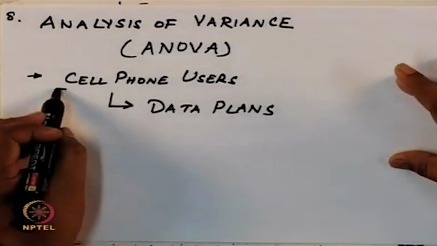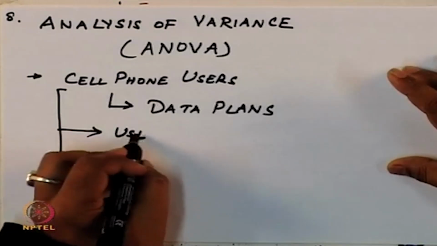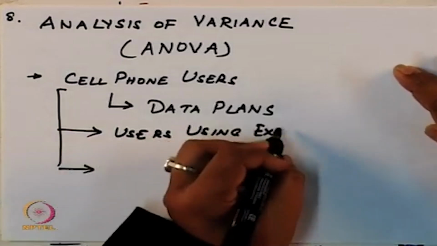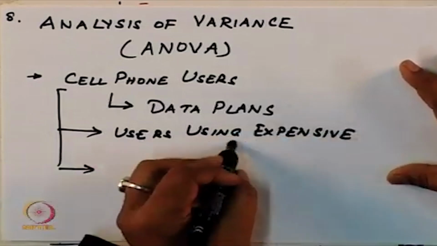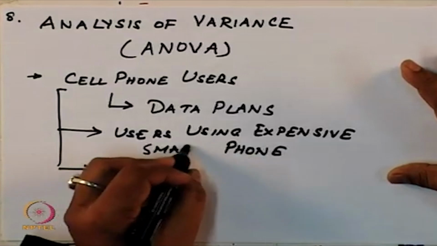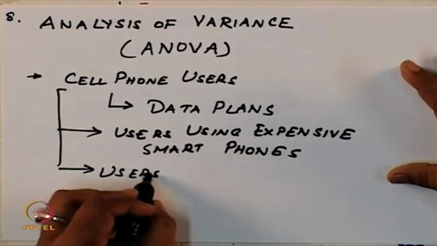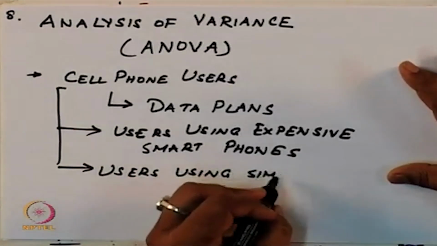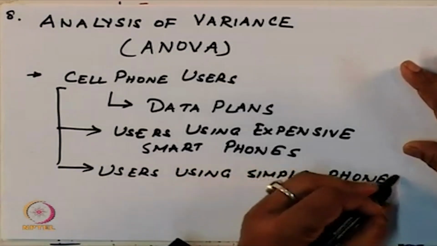So, cell phone users can themselves be divided into users using expensive phones, maybe smartphones, and users using the simplest phones, which are not smartphones.